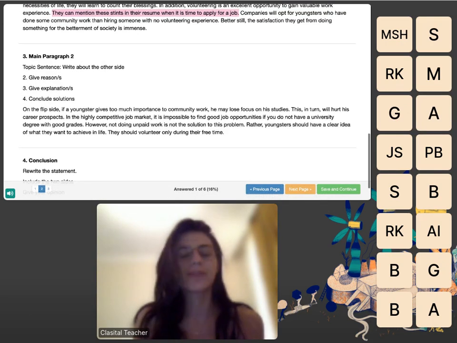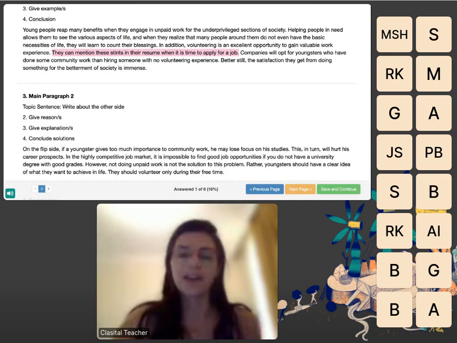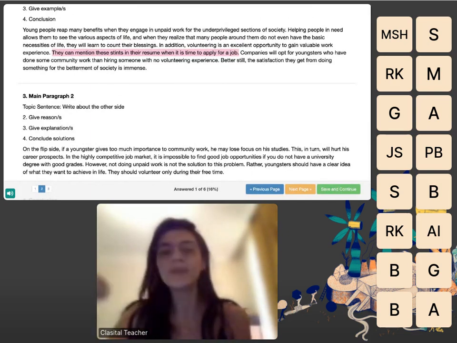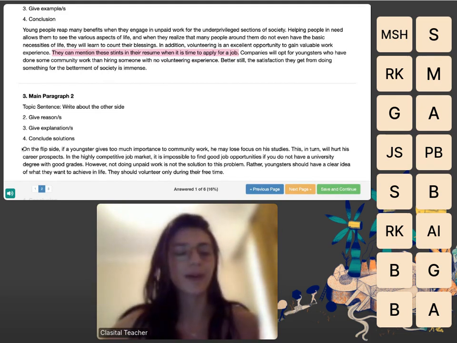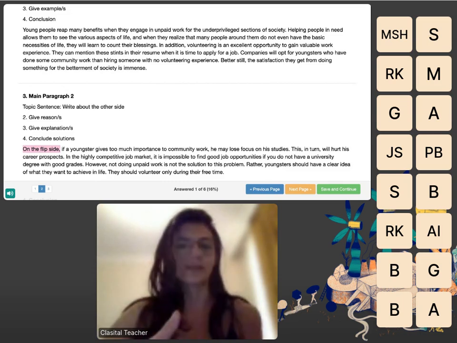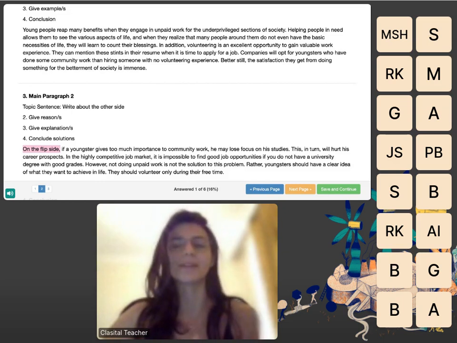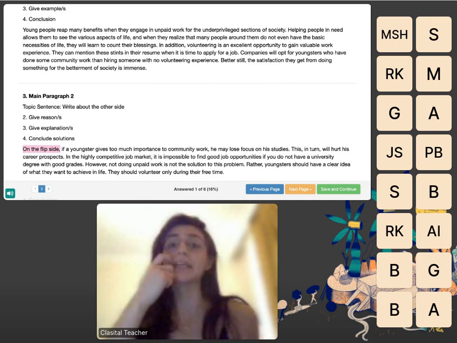Let's read this main paragraph, for example. And this is the other side of the argument. Remember, we need to write about one side of the argument in one paragraph and the other side in the other paragraph. Let's read how that goes. "On the flip side," and this is a really, really important part of giving two ideas: while starting the idea that opposes the one we talked about a bit ago, we need to give an opposing linking word.